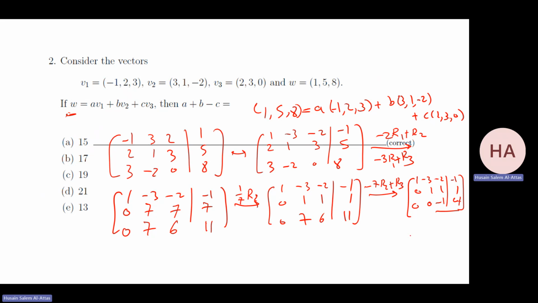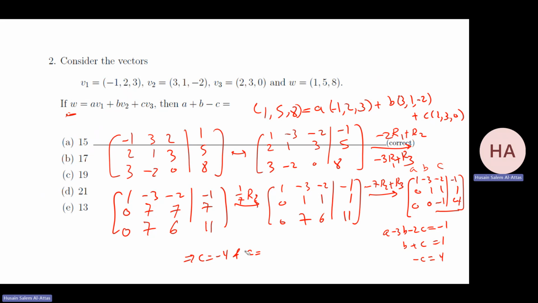From here, I'm getting, yeah, this is the C. This is A, B, C. So I have A minus 3B minus 2C equal minus 1. B plus C is equal to 1. Minus C equal to 4. So I'm getting C equal minus 4.